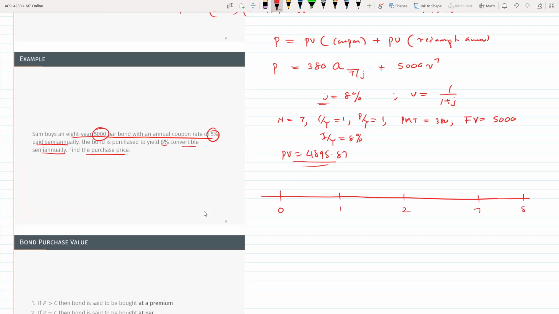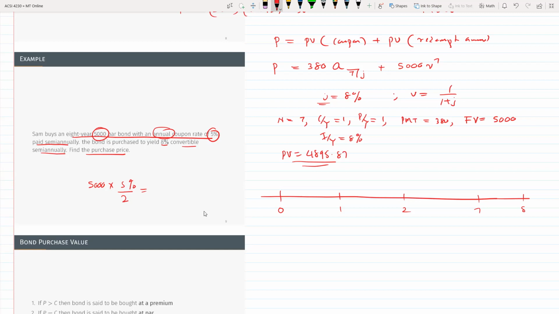So what is the coupon amount? It's going to be 5,000 times 5%, divided by 2. This is an annual coupon rate, and usually coupon rates are given as nominal rates. It's paid semi-annually, so you have to divide by 2.